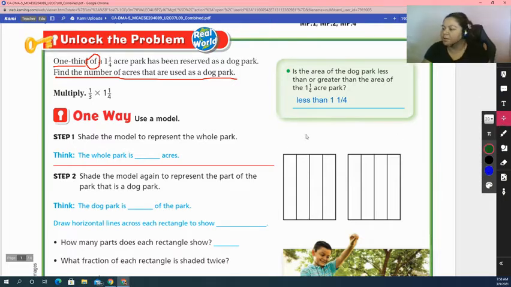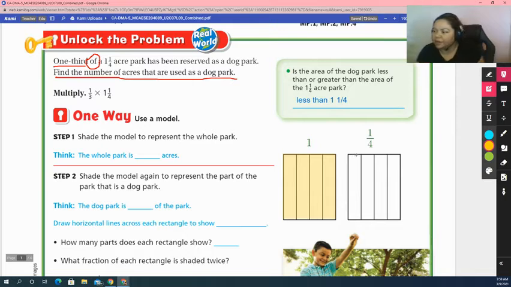And so I'm going to model that as columns, 1 1/4. In this case, this is my whole. One rectangle represents a whole. In this case, the whole thing here is a 1. And then I want to represent 1/4.